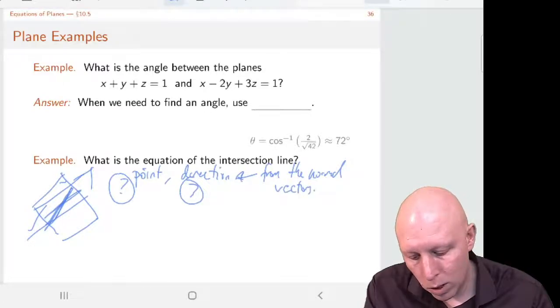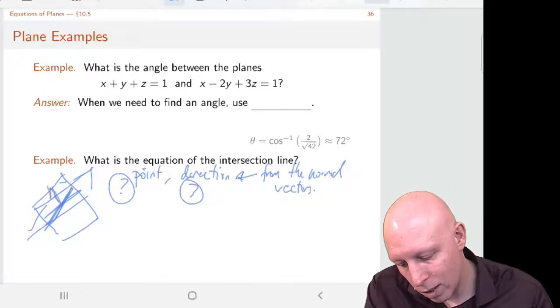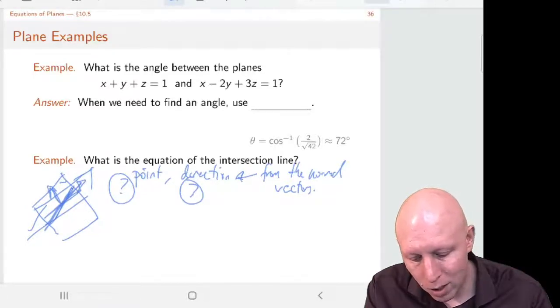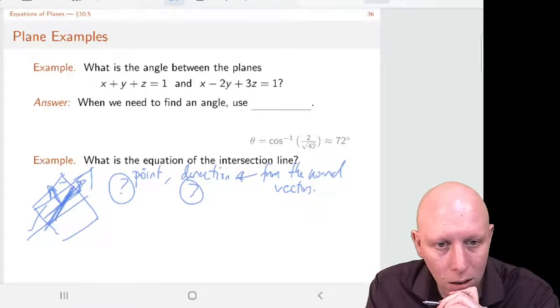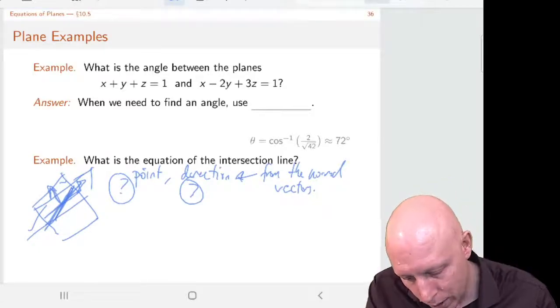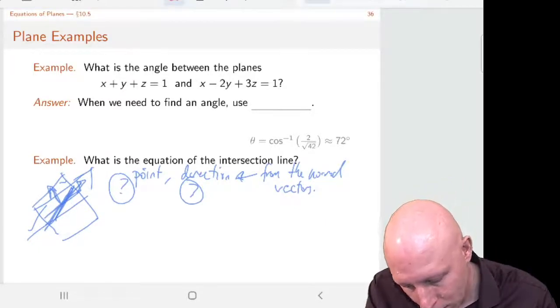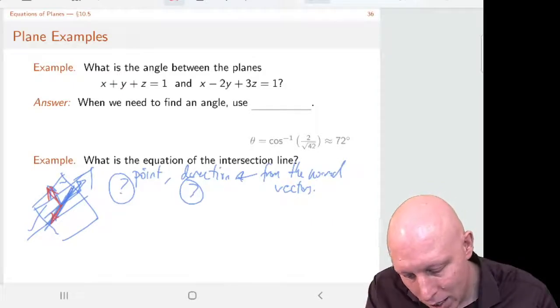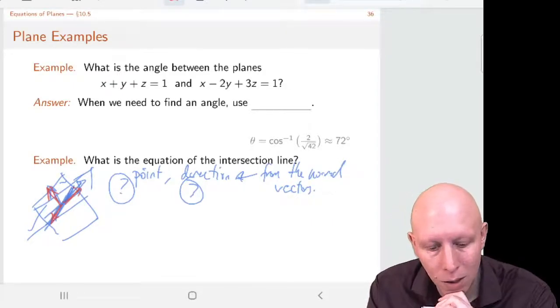What's special about the normal vector to this plane and the normal vector to this plane compared to the direction of the line? Think about it for a second. Well, we want the direction of the line. It's perpendicular to the normal vector to this plane and perpendicular to the normal vector from this plane.